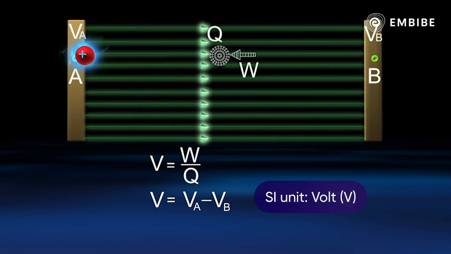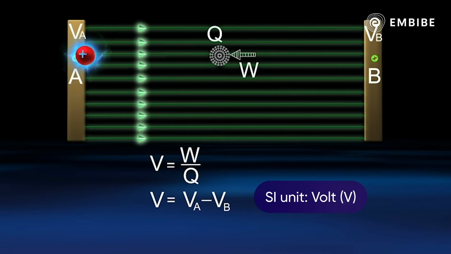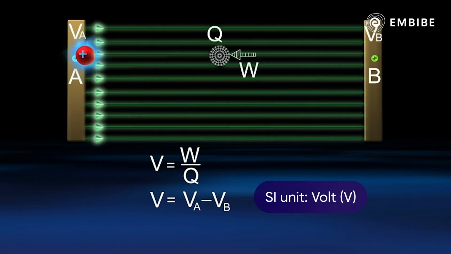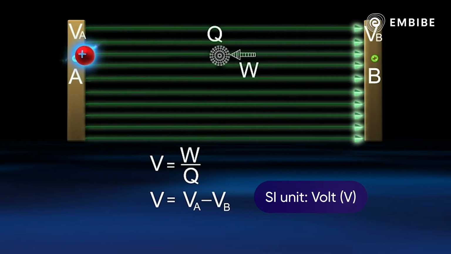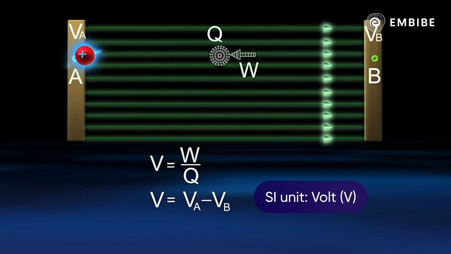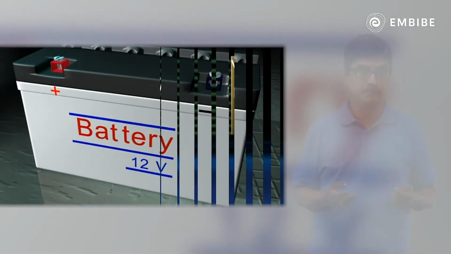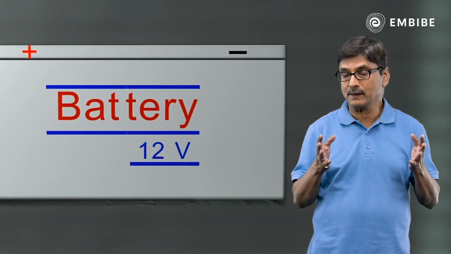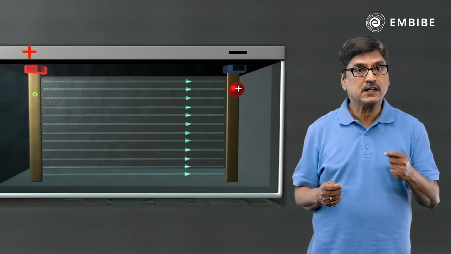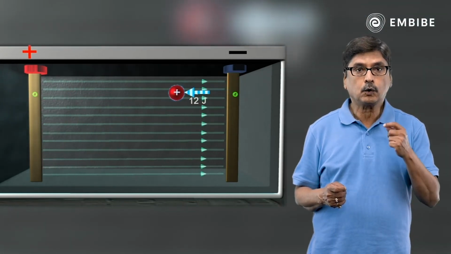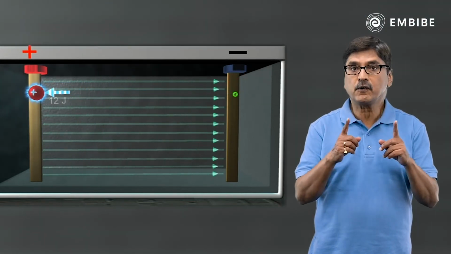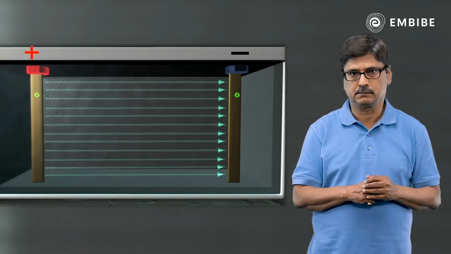The SI unit for electric potential is volt, and it is the same for potential difference also. That is volt, symbolized by V. Potential difference is also called voltage. A battery showing the rating of 12 volts means that it does 12 joules of work on 1 coulomb of charge before it reaches the positive terminal.